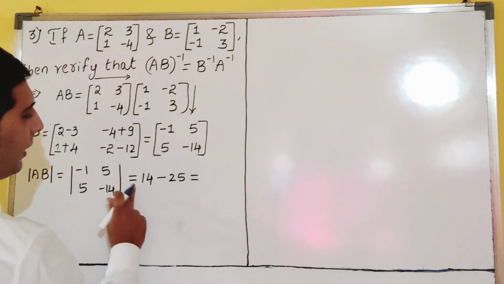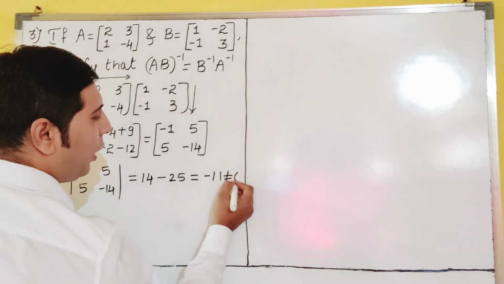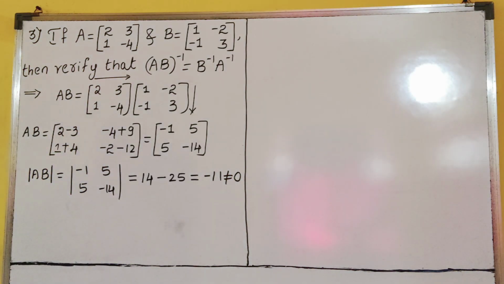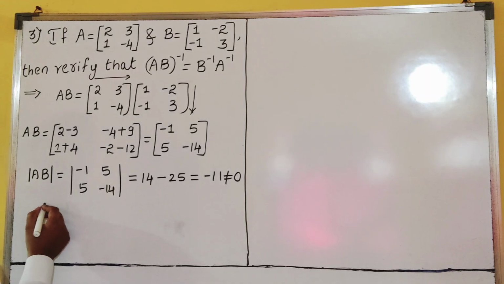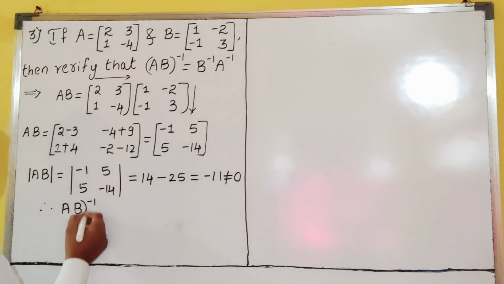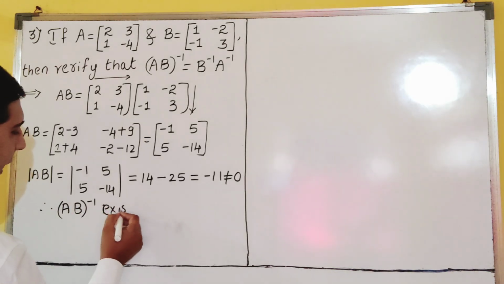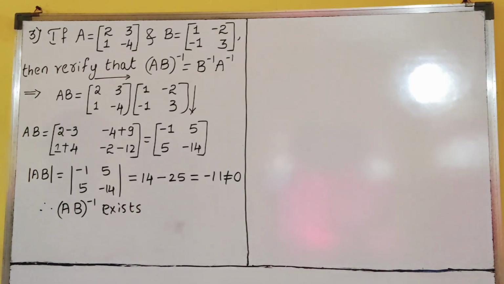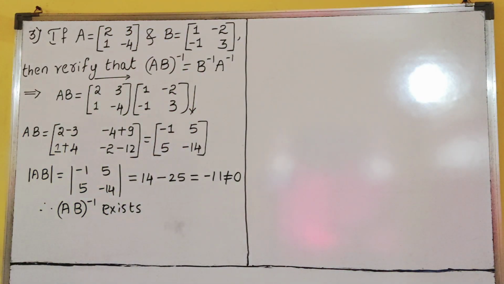How much did you get? 14 minus 25 is minus 11, which is not equal to 0. Not equal to 0 means therefore you can say (AB) inverse exists, dear students. Understood?